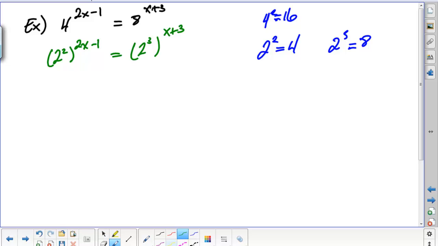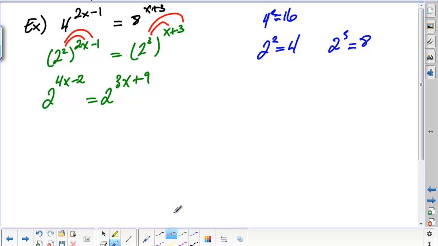Using a property of exponents here, we can essentially distribute that 3 and that 2 into both of those exponents. So we get 2 to the 4x minus 2. Then that's 3x plus 9. Notice both bases are 2's.